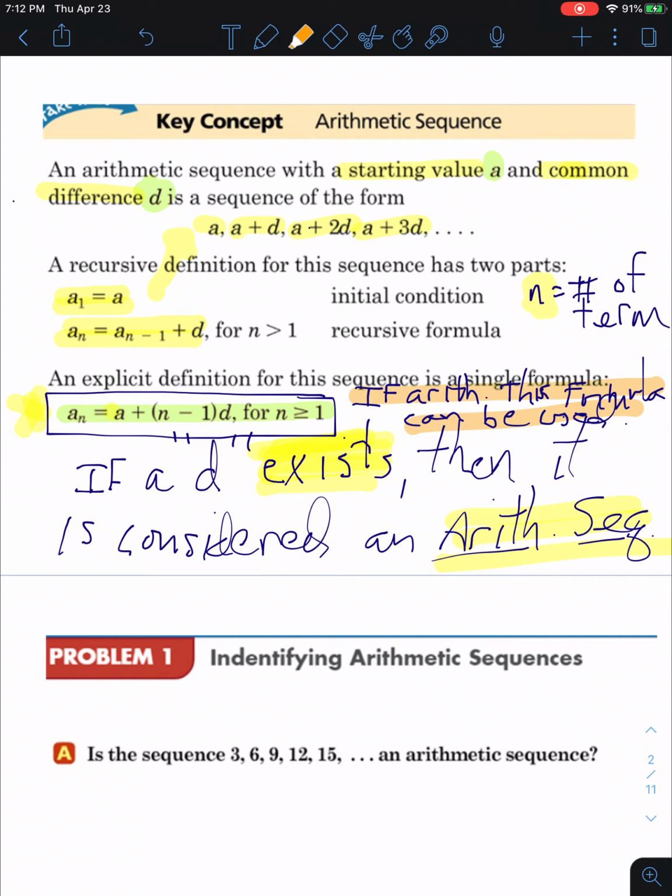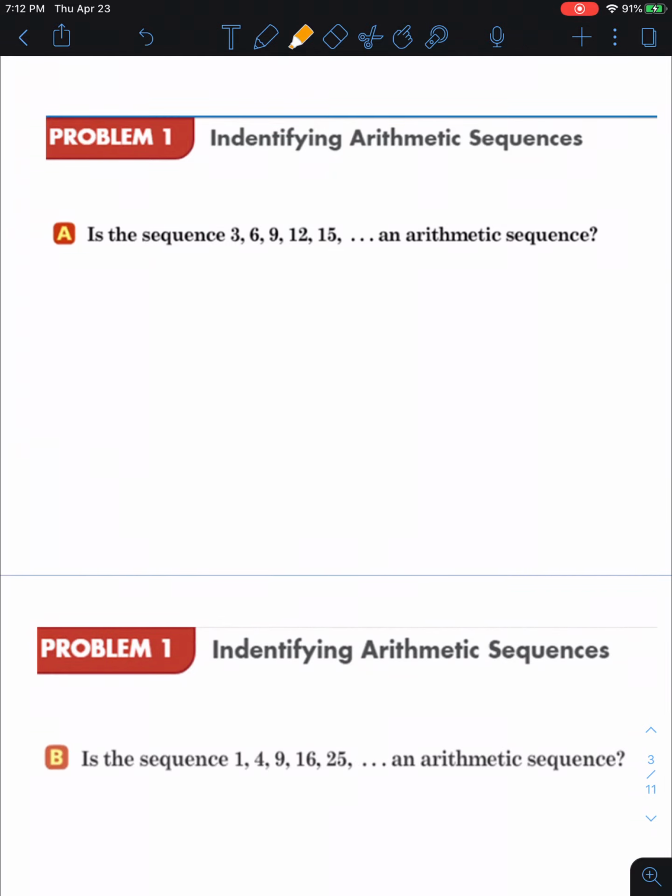All right, let's take a look at how that works. So I have 3, 6, 9, 12, 15. Is there a term that you can add to the first term that would give me the second term, and the second term that would give me the third term, and the third term that would give me the fourth term, all the way through? Got to check them all, right? If you were saying, yeah, add 3, you are correct.